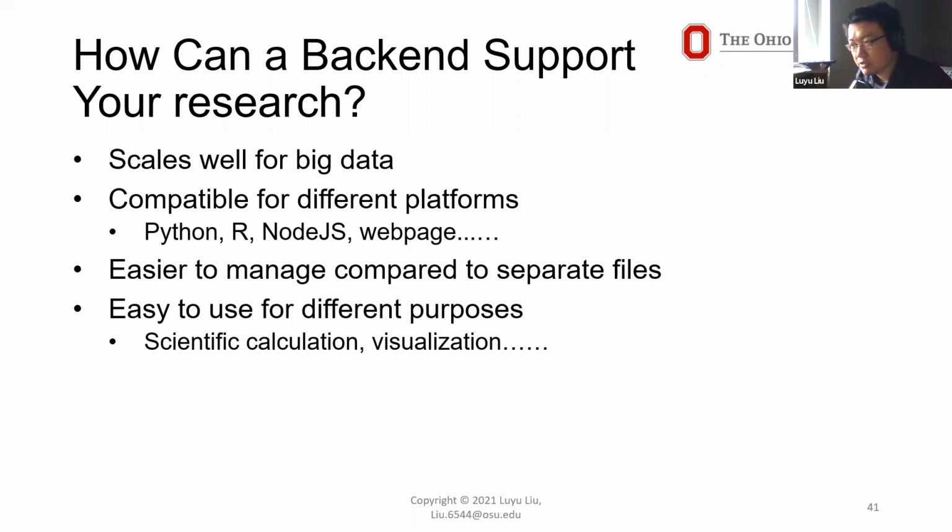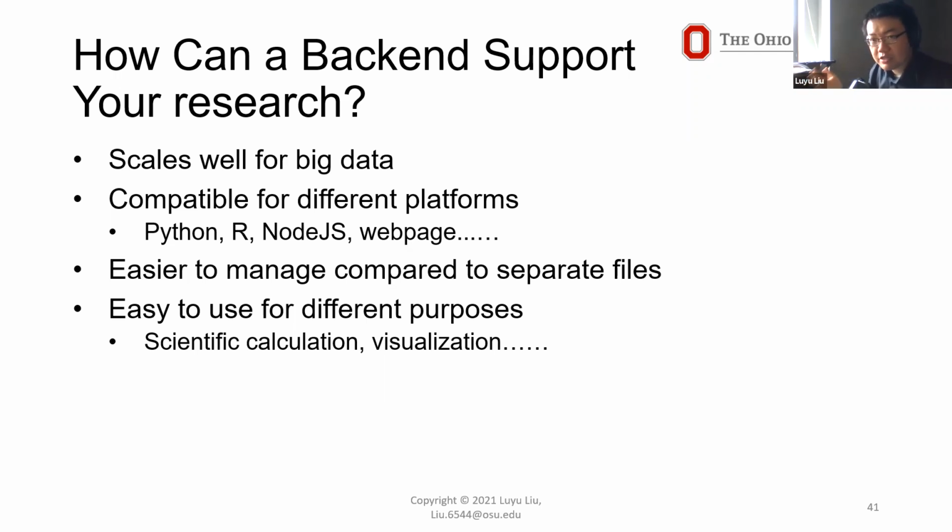Also, if you have a backend, it is a database compatible with different platforms, no matter whether you're using Python, R, Node.js, web pages, or even manual calculation, that's all right. I used to do that in manual calculation. The idea is that you want to store and manage everything inside a centralized place. It is easier to manage compared to separate files, and easier to use for different purposes, like scientific calculations and visualization. I think that's the reason we're here, because we want to make it more general.